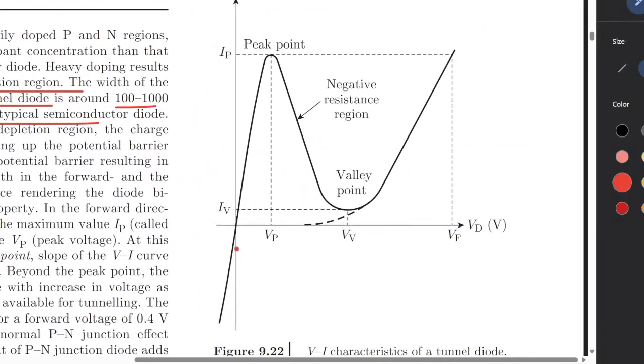So we can see that at the valley point the current starts increasing. The negative resistance region is the one in which voltage is increasing and current is decreasing. So that is the negative resistance region.